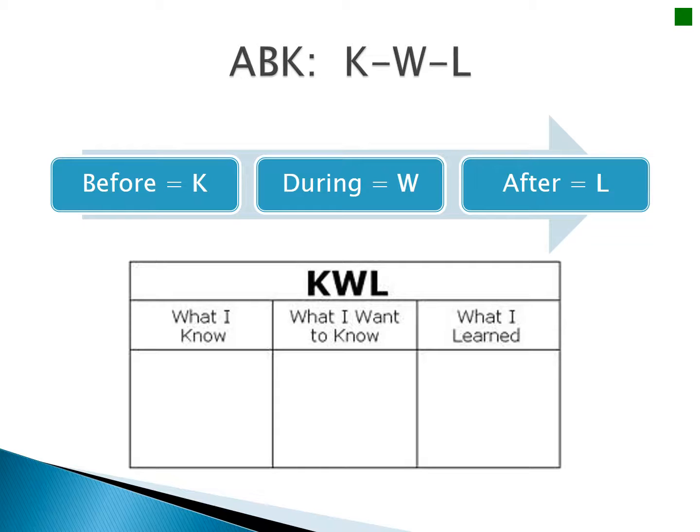The K is where we list beforehand everything we already know, and that activates our background knowledge and gets us ready to read. Now, the questions that we listed before we read about what we want to know can be used as a during reading technique. When we're finding the answers, we can stop and write the answers, or we can talk about the answers that we found.